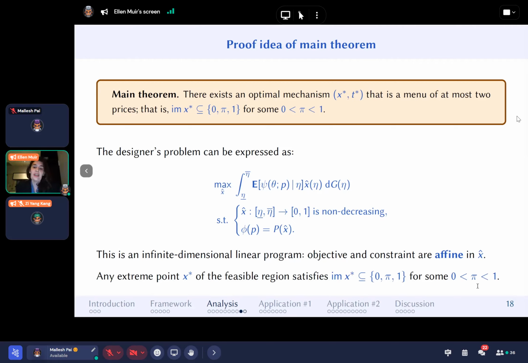So instead of a world where we get the optimality of a posted price mechanism, with the image of the optimal mechanism just being 0 and 1, the fact that we have this constraint is what introduces the possibility that we may have rationing under the optimal mechanism. This is what expands the dimension of the extremal points of the feasible region once we account for this constraint. So you can think of this as a Carathéodory's theorem style argument.